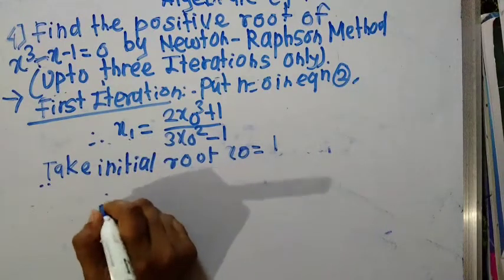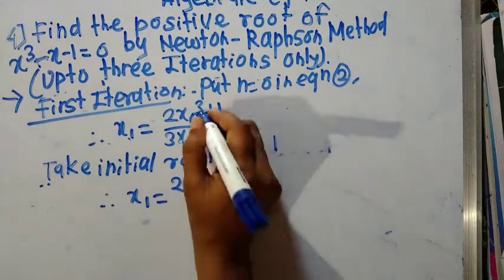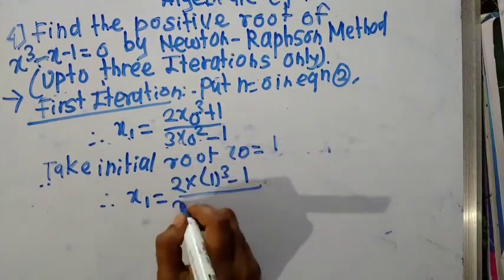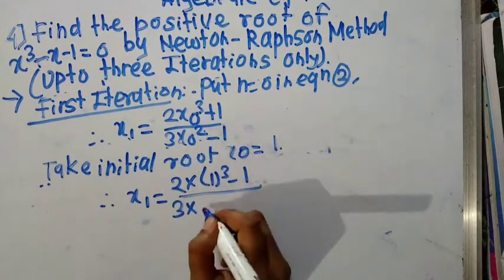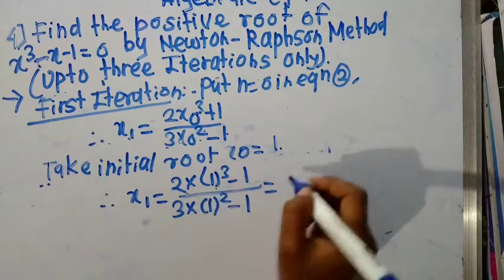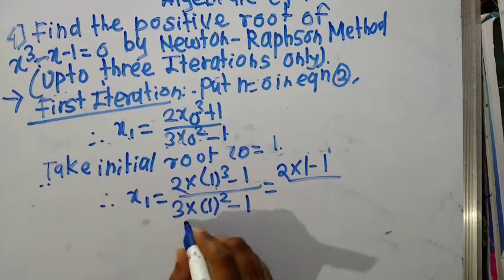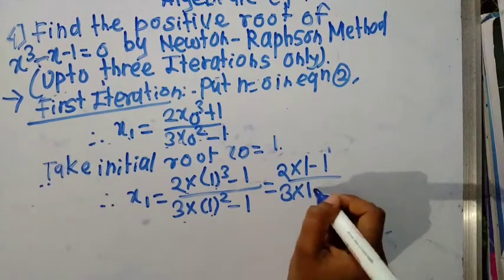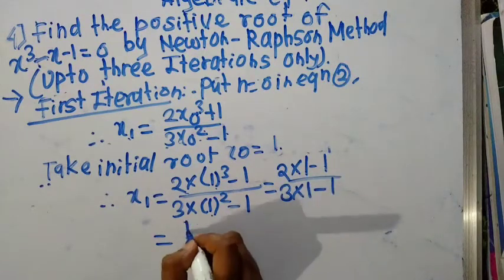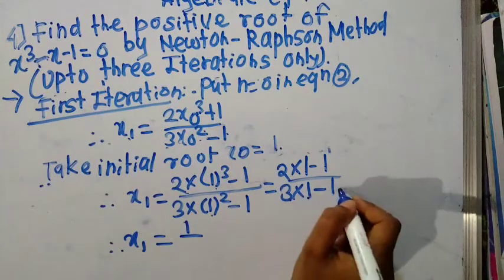So hence x1 is equal to 2 into 1 cube minus 1 divided by 3 into 1 square minus 1, which is equal to 2 into 1 cube is 1, minus 1, divided by 3 into 1 square is 1, minus 1. So 2 into 1 is 2, minus 1 is 1, divided by 3 into 1 is 3, minus 1 is 2.